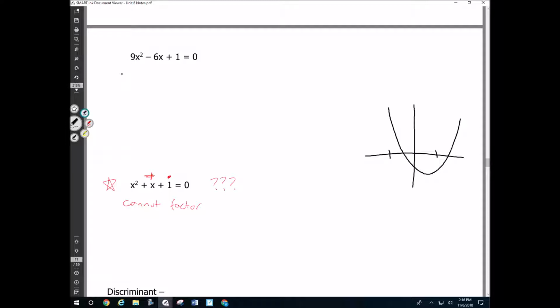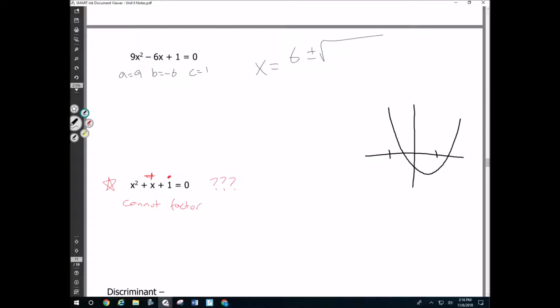Now, this is important. A is 9, B is -6, C is 1. X equals -B does not mean you use -6. It is the opposite of B. So if B is negative, we should be using a positive 6.